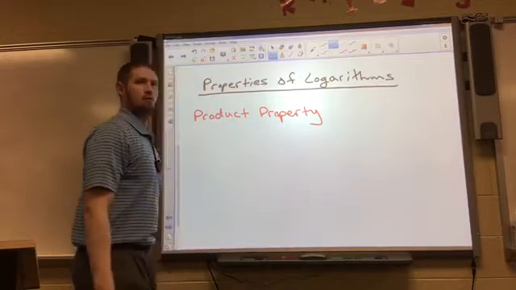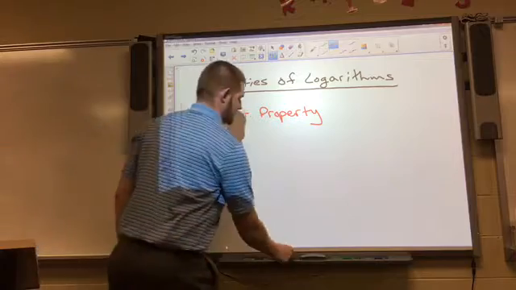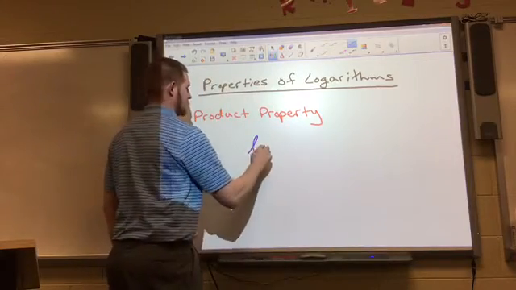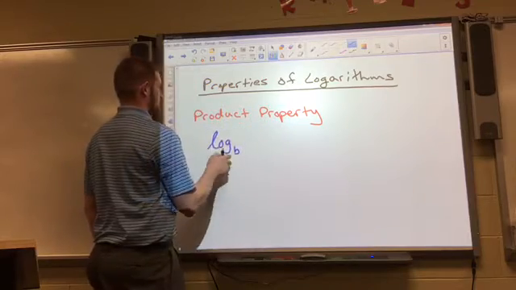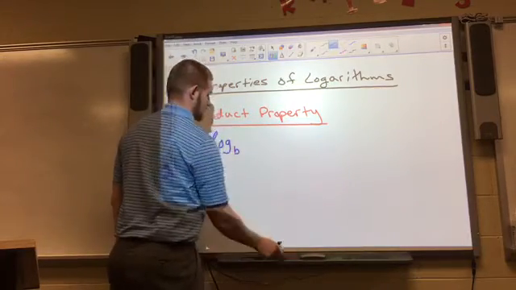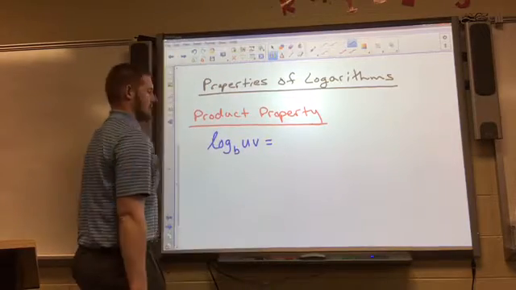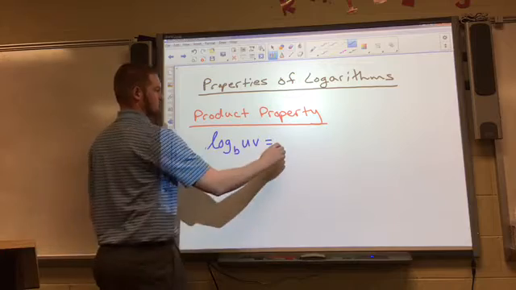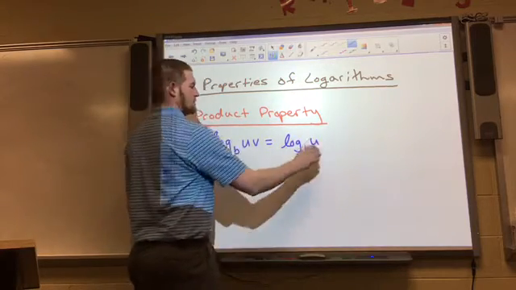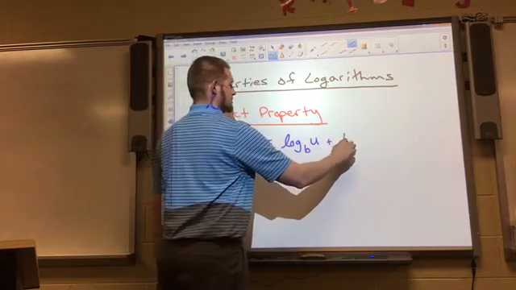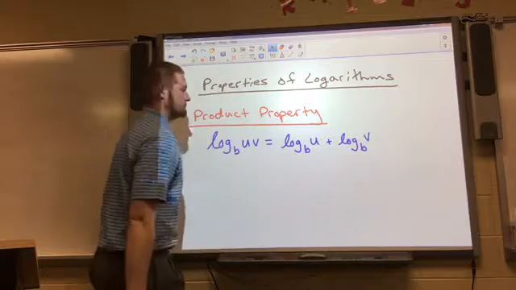Product means multiply. So log base b of u times v is actually equal to log base b of u plus log base b of v.